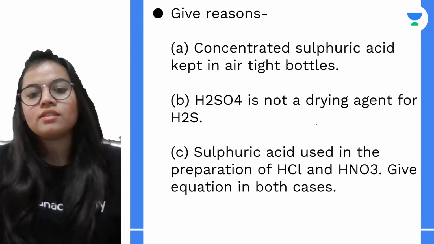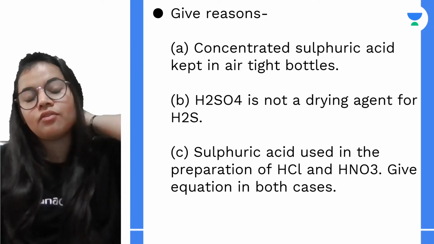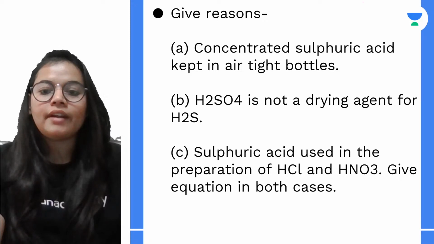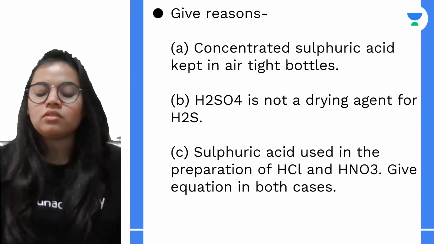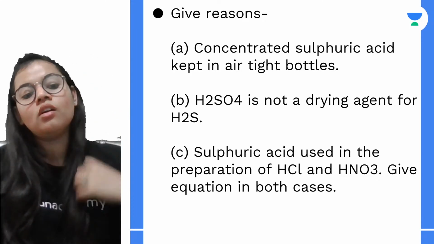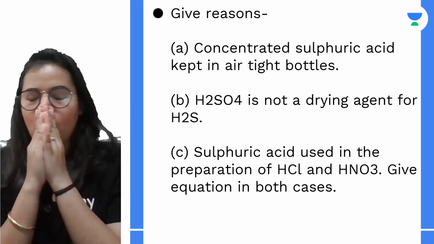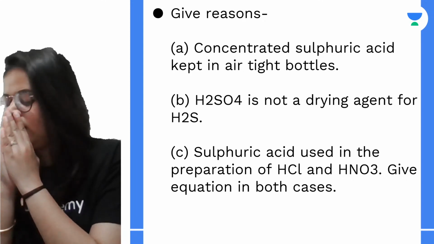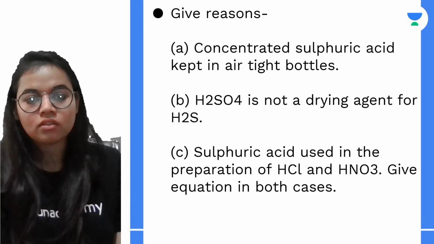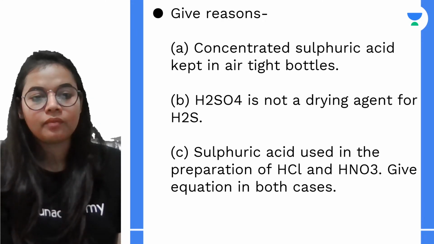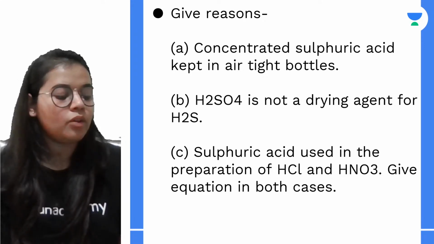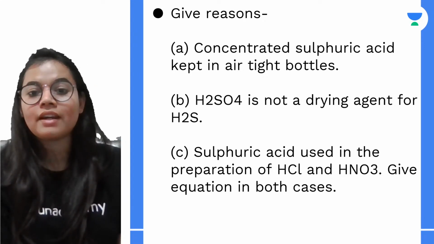Okay, next question is give reasons that concentrated sulfuric acid is kept in tight bottles. Why do we store it in tight bottles? Anji, why do we store concentrated sulfuric acid in tight bottles?